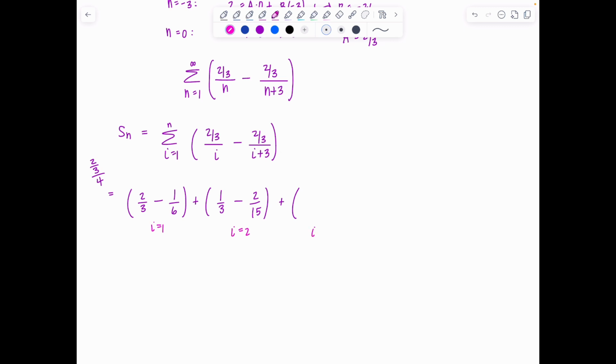Now let's move on. i equals 3. 2/3 divided by 3, that's 2 over 9, minus 2/3 divided by 6, that's going to give me 1/9. Plus, let's keep it going, i equals 4. 2/3 divided by 4, 2/12, so 1/6.